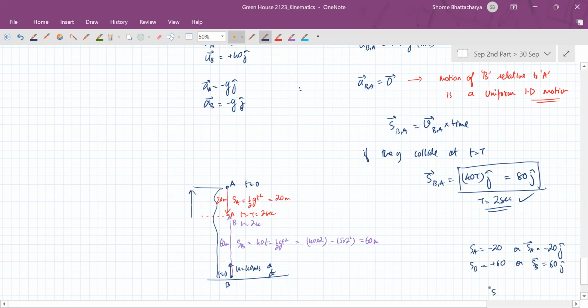So the displacement of B with respect to A is 80 j cap by the time they collide. Okay, so hope this example is also clear to all of you.